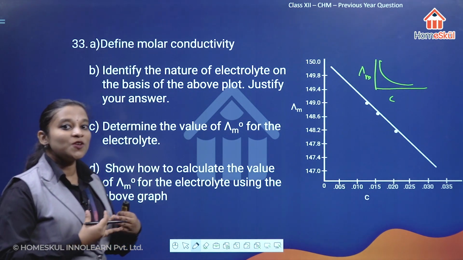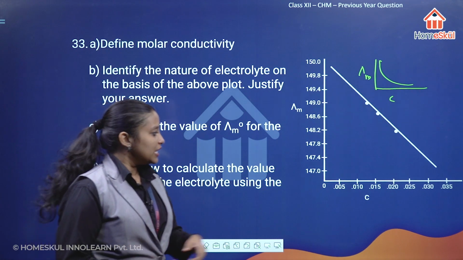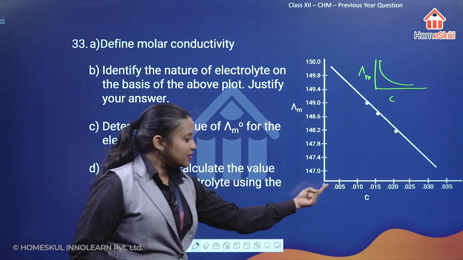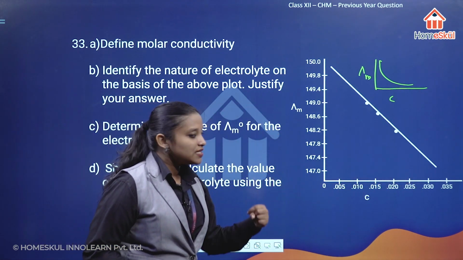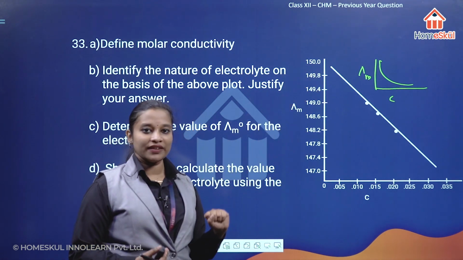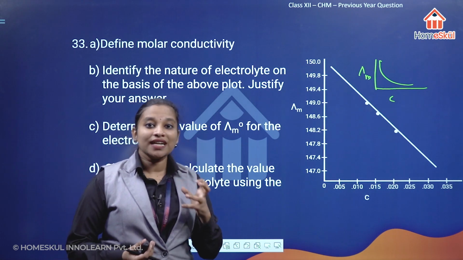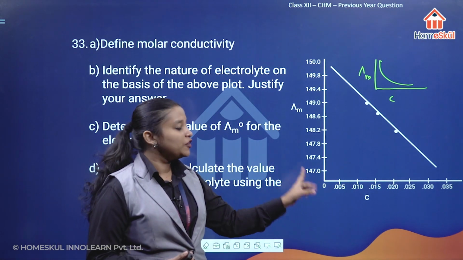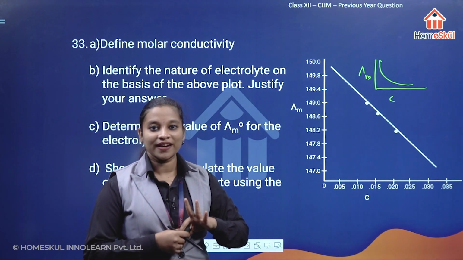So, what is limiting molar conductivity? Yes, here we can see that on dilution, or when the concentration approaches 0, it should have a molar conductivity value. The molar conductivity at infinite dilution is known as limiting molar conductivity.